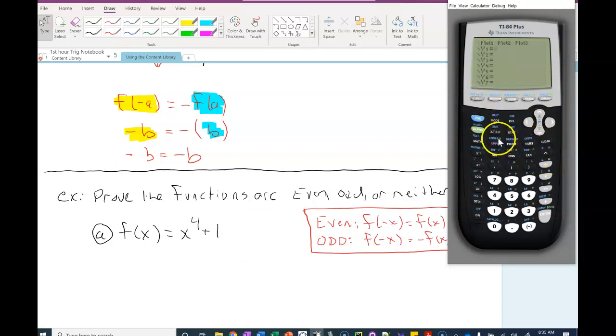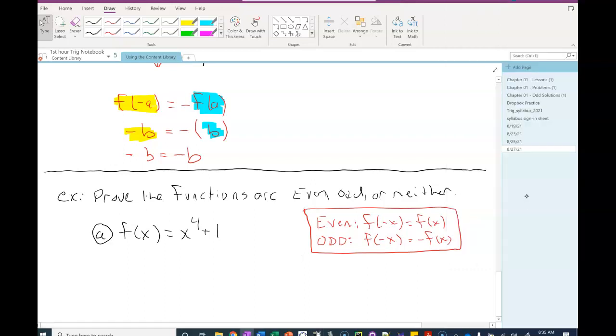So x to the fourth plus 1, and then I'm going to do zoom standard because I was monkeying with the window on that last homework problem. So if I look at this, what type of symmetry am I seeing? Even, right? Because it's symmetric with respect to the y-axis. Everybody's cool with that?